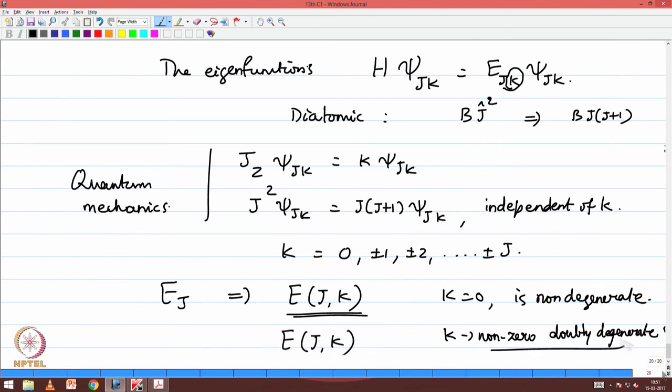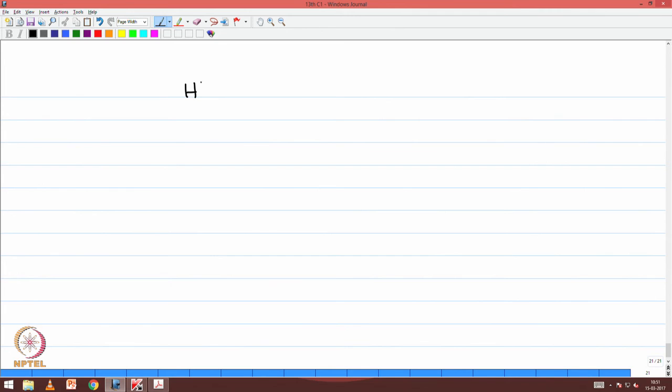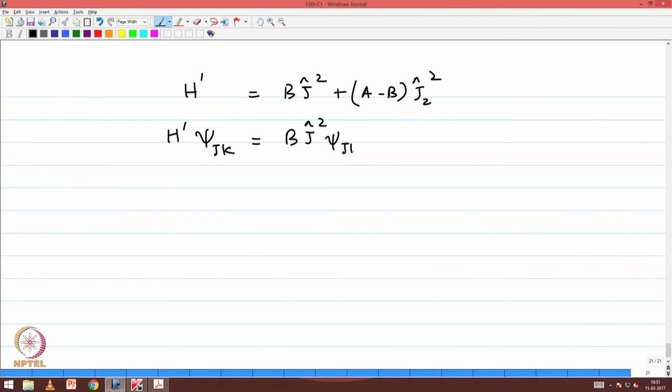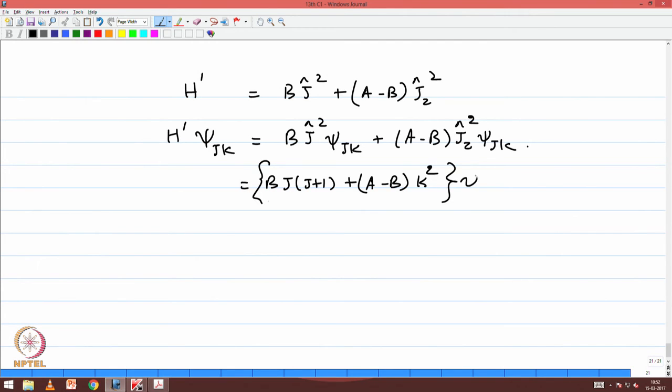Okay. Therefore, if you go back and write this Hamiltonian in wave number units as B J squared plus (A minus B) J_z squared, then H prime acting on the wave function psi_JK will be B J squared operator acting on psi_JK plus (A minus B) J_z squared operating on the wave function psi_JK, and therefore you will get the answer B J into J plus 1 plus (A minus B) K squared times psi_JK.